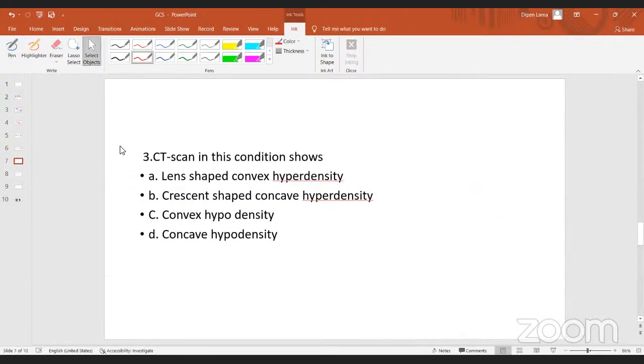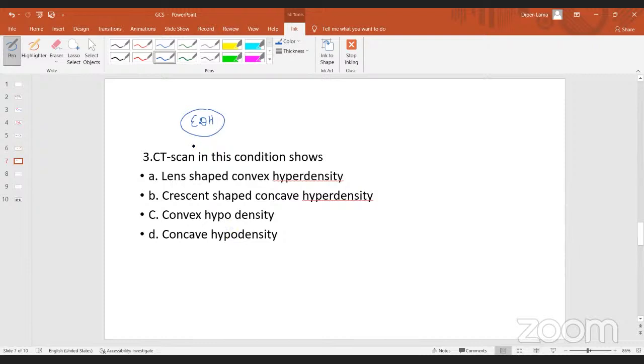Another question is, the CT scan in this condition shows what? In epidural hematoma, what is the CT scan finding? They may ask you the CT scan finding. The options are lens-shaped convex hyperdensity, crescent-shaped concave hyperdensity, convex hypodensity, concave hypodensity.